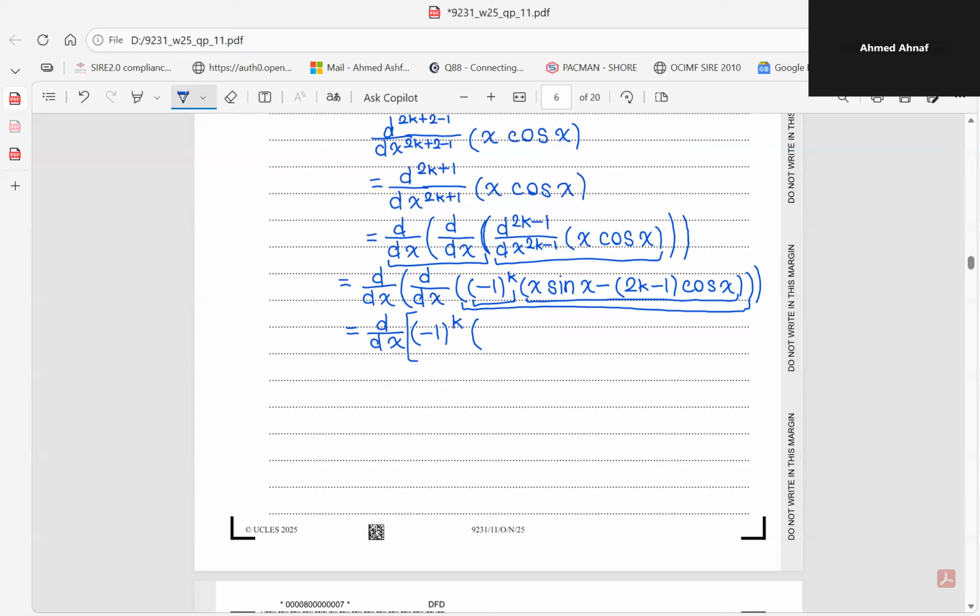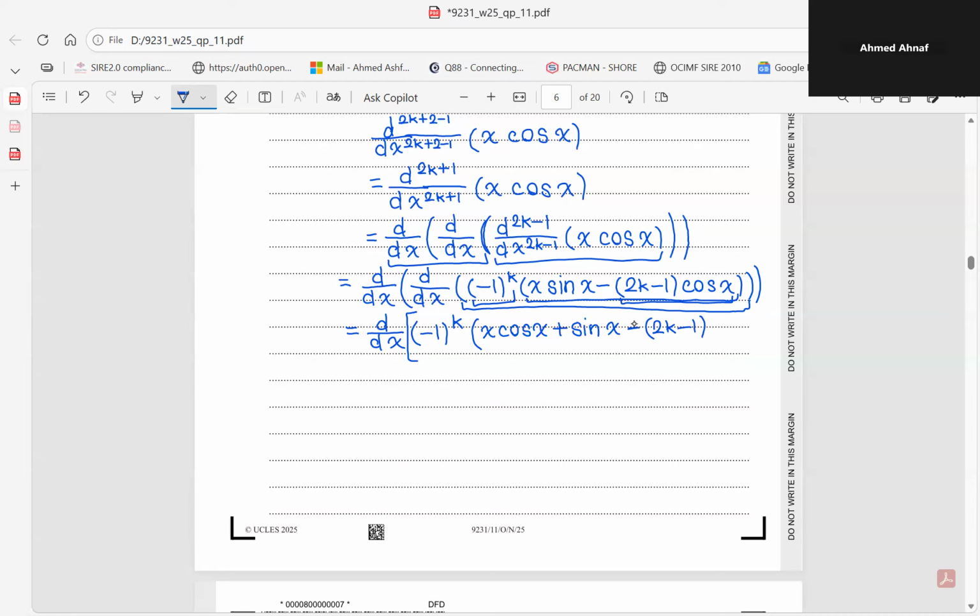You would get x cos x plus sine x, minus, now differentiating the (2k minus 1) cos x, keep the 2k minus 1 and just differentiate the cosine x, which is minus sine x.